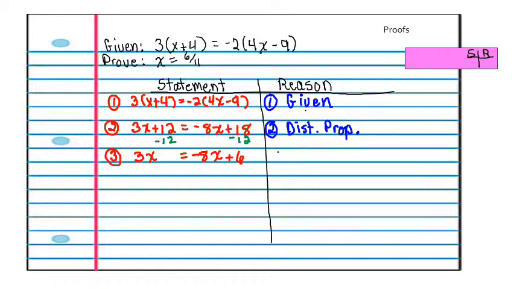and you're going to give the great reason why. And the great reason why here is, in this case, we were able to subtract. So it was the subtraction property. Maybe I'll put a T there so it doesn't get mixed up with substitution. So subtraction property.